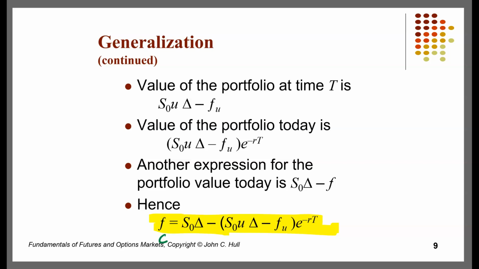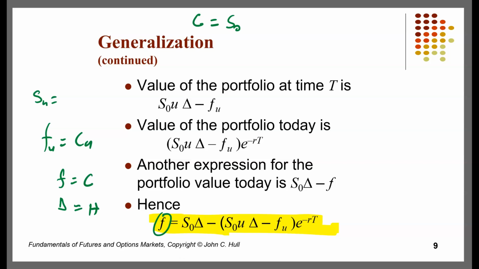So our call option value is going to be equal to delta, which for us is h. So the call value, that's f, is equal to S0 multiplied by delta. We're going to call delta h for us. F is call. FU is call up. And SU is U S0.